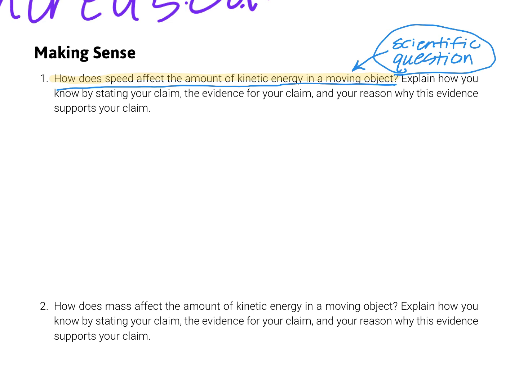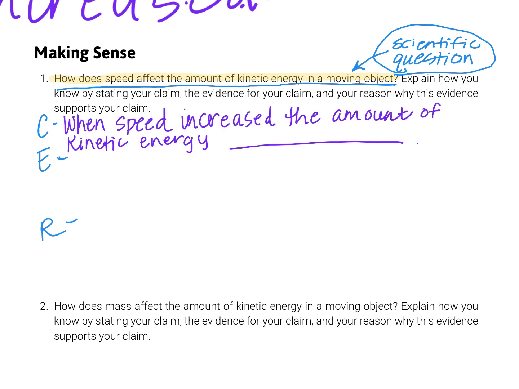Now, I like to start by writing C and then E and then R, because then I know what I have to fill in. So the first sentence that I asked you to write was this. When speed increased, the amount of kinetic energy blank. So what you should have written in the blank was that when speed increased, then the amount of kinetic energy also increased.